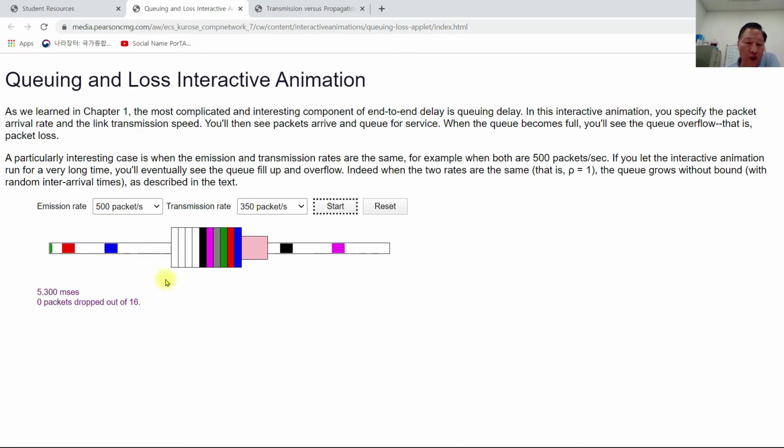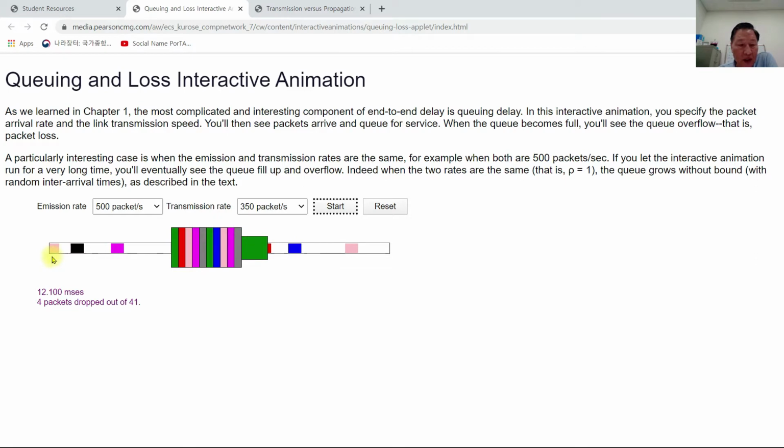And one of the questions in the homework assignment, at the end of each chapter, is asking about that. When the first dropping happens like this, you should observe it several times, and it may differ because the incoming rate is random.